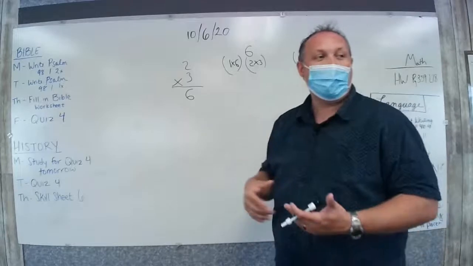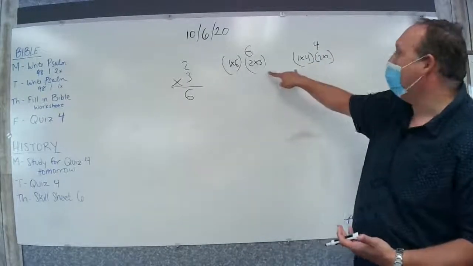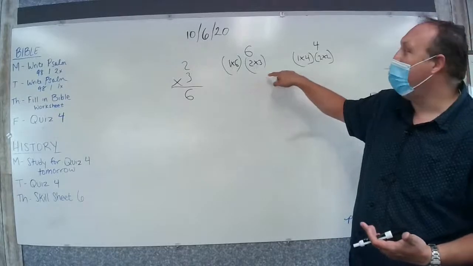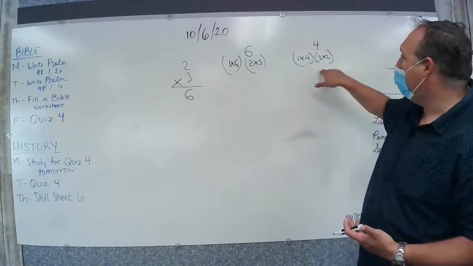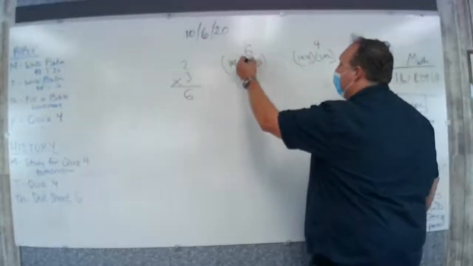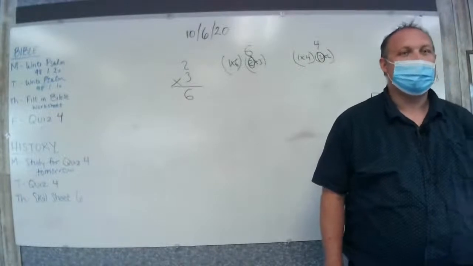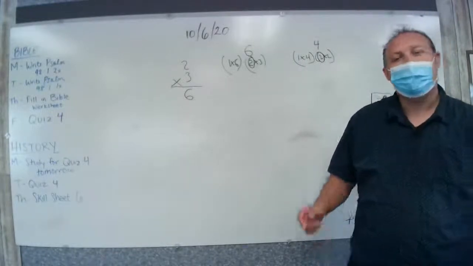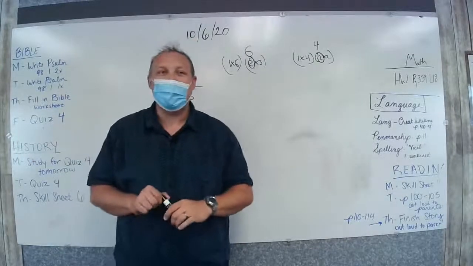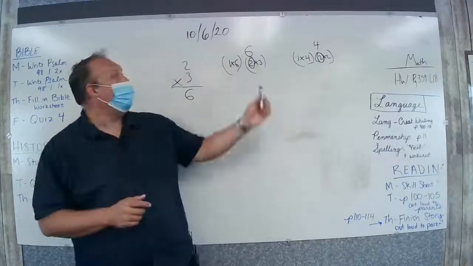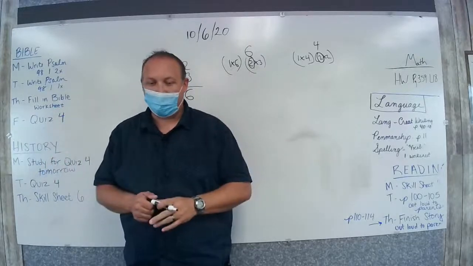So the biggest number that they have in common. The biggest number that we have in common for 6 and 4 is the number 2. Basically what that is telling me is that I can divide 4 and 6 by 2 and I get a smaller number.